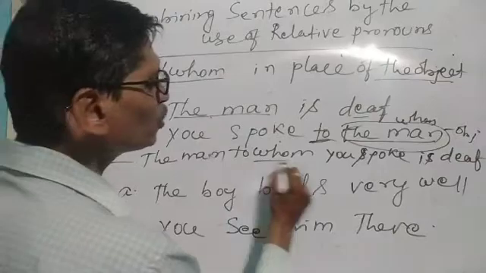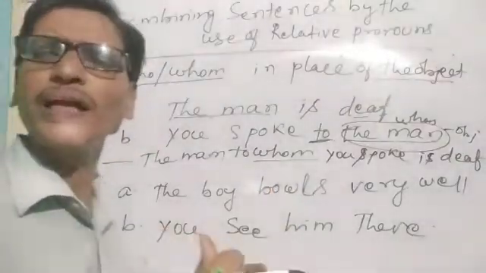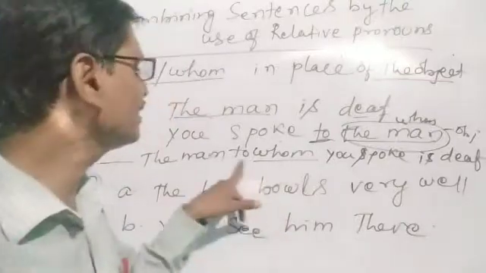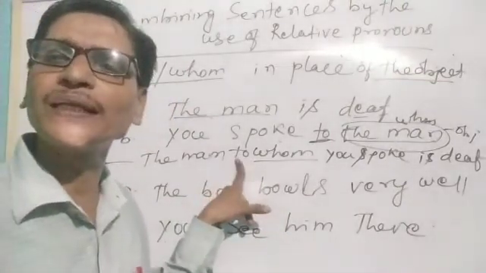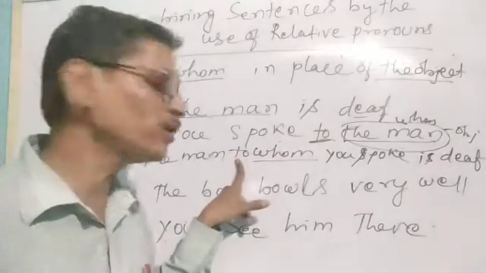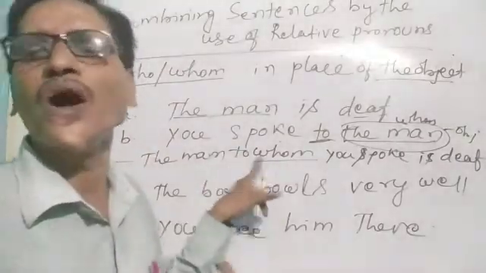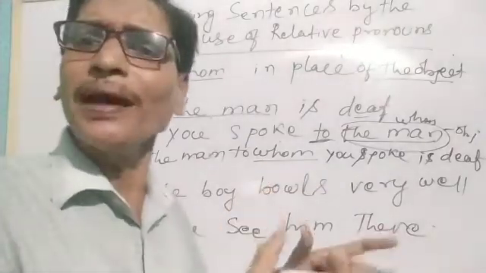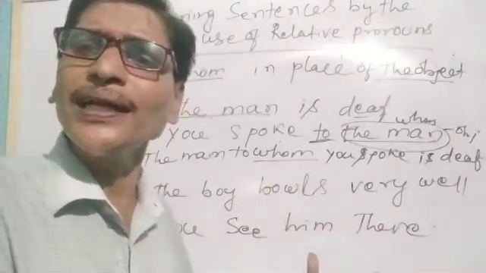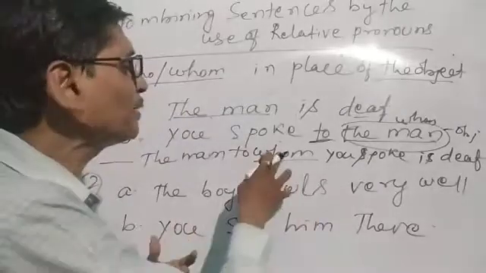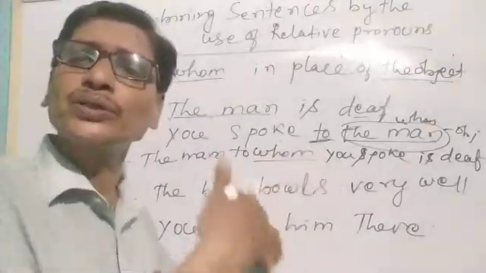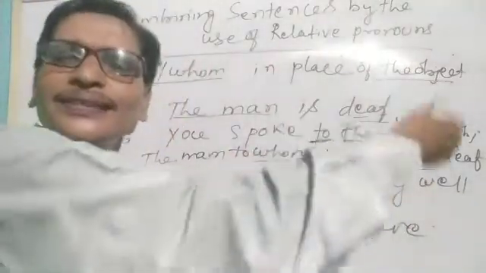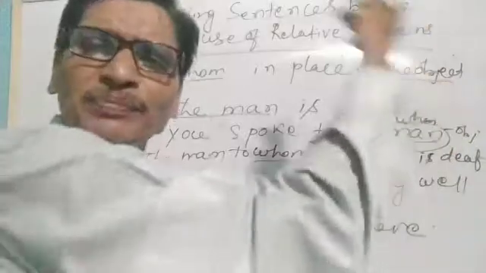Here we have used whom. As I have told you, we can use who in place of this. But I have also told you that if there is a preposition before the object, then we can use to whom, or a preposition with whom. This is formal English, but in place of whom we can also use who, and then the preposition is moved to the end.